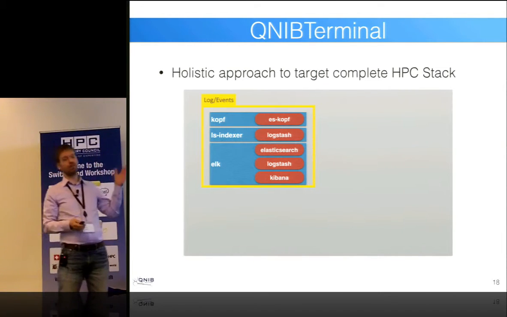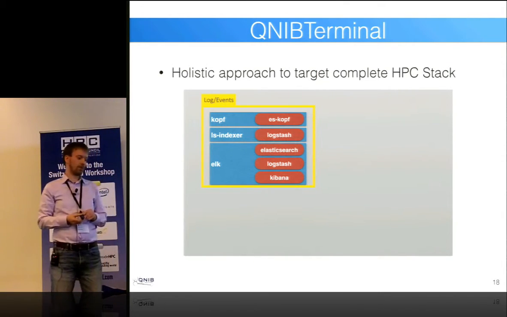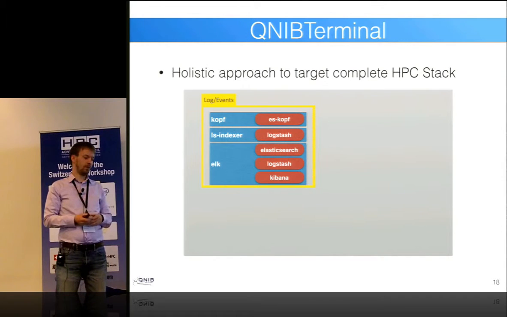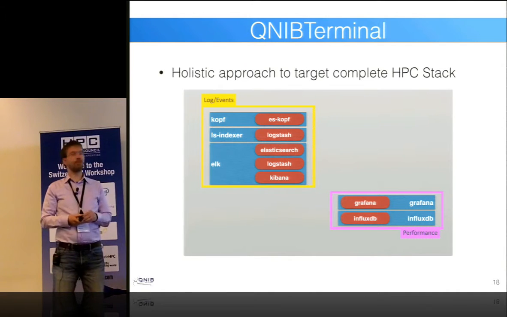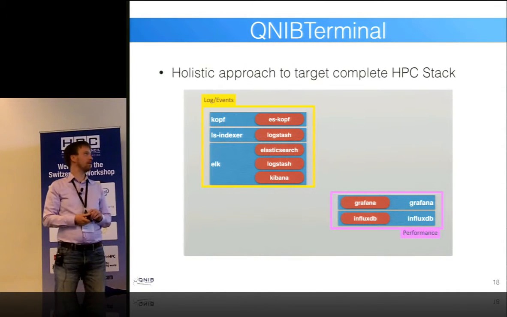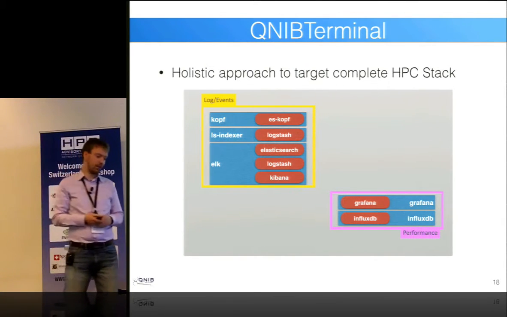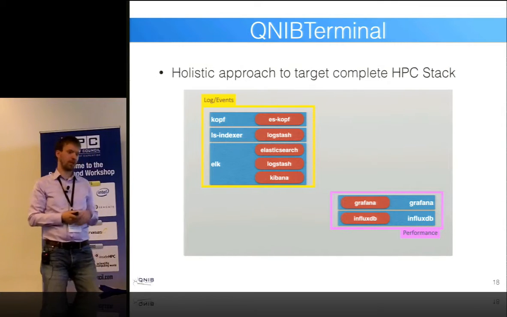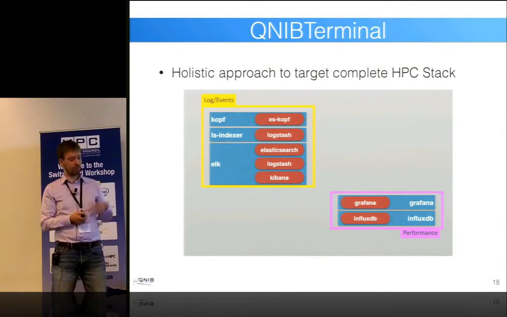So I had these 3 containers running a log and event system. I use Elasticsearch, Logstash and Kibana, so all the latest and greatest and fanciest stuff around to play with. For performance metrics, I used to use Carbon and Graphite, and now there's another dashboard in town, which is much nicer than Graphite Web, so I use that.